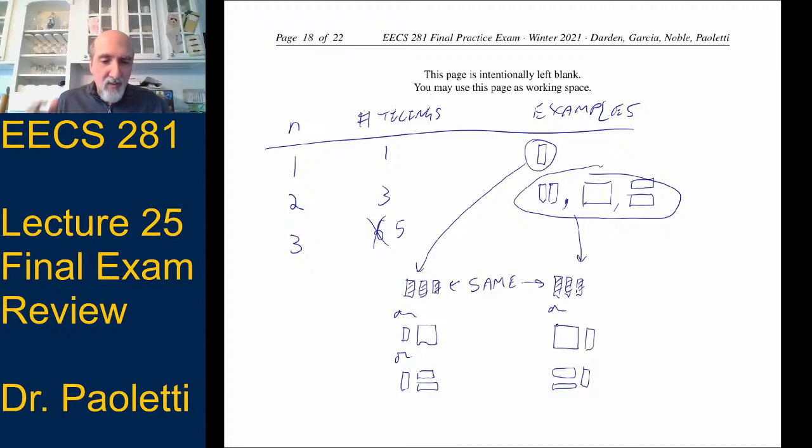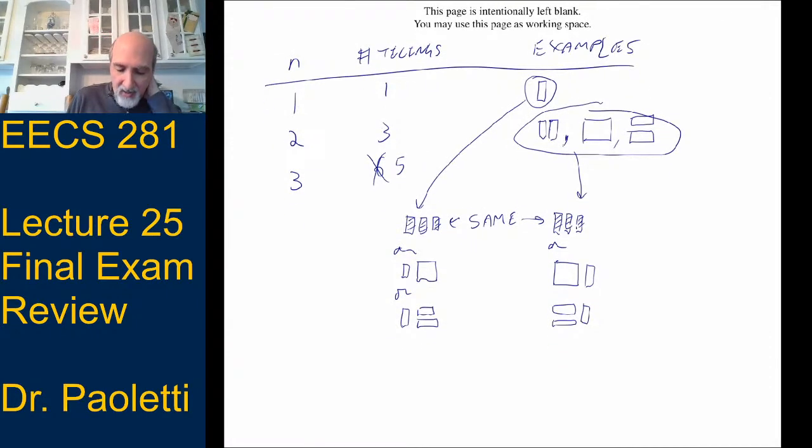So the number of tilings for, let's say, i is equal to the number of tilings for i minus 1, and I have to add a vertical one.